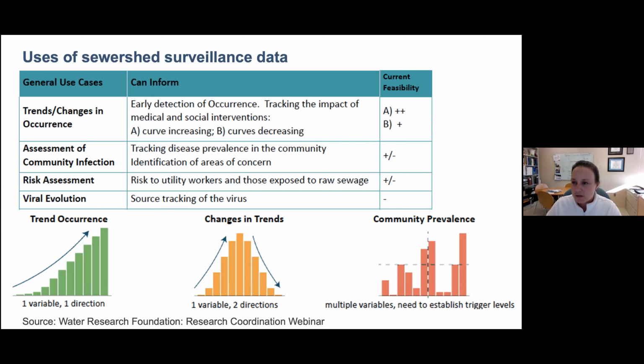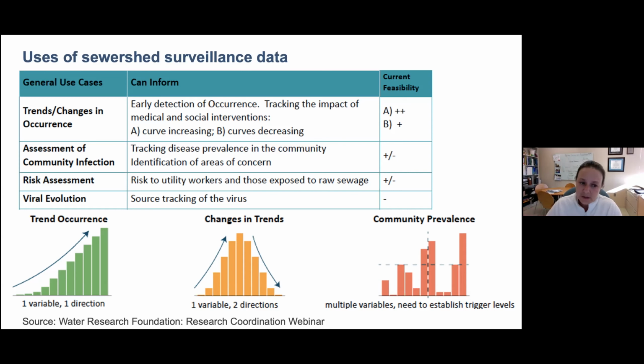Most of that uncertainty is because people shed the virus at very different rates, and at different rates when they're immediately sick and very sick, versus 3 weeks later when they're getting better. So the shed rate of how many viruses you shed into wastewater has a lot of uncertainty to it, and that leads to a lot of uncertainty in our calculation of community prevalence.